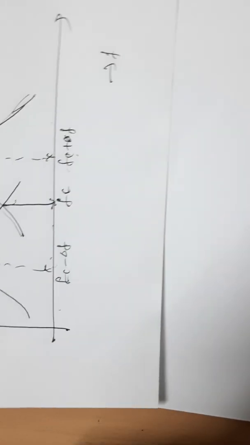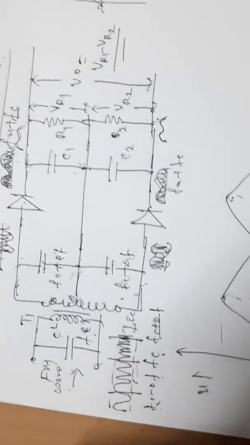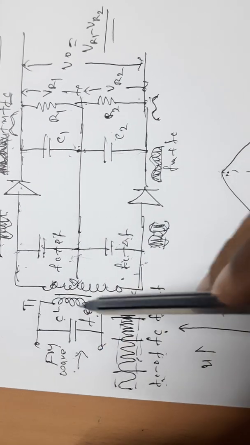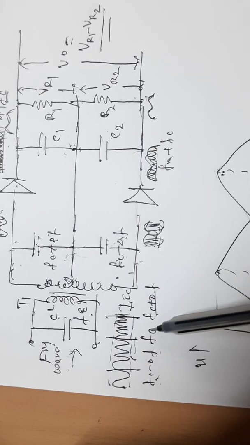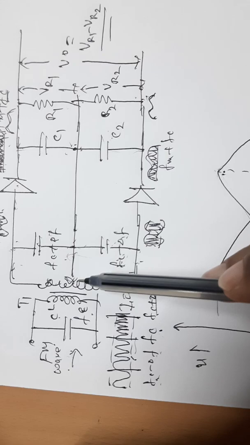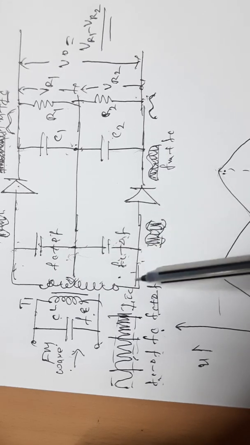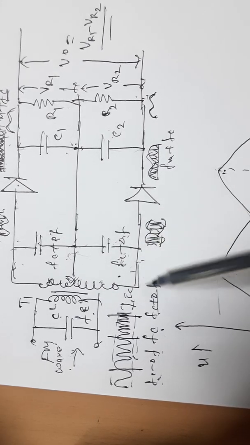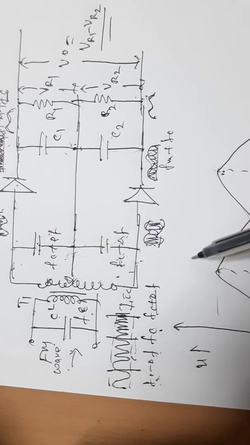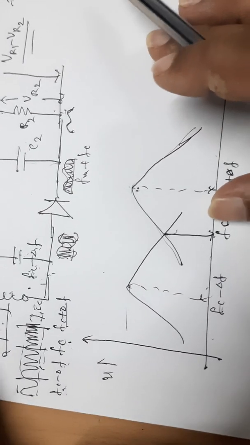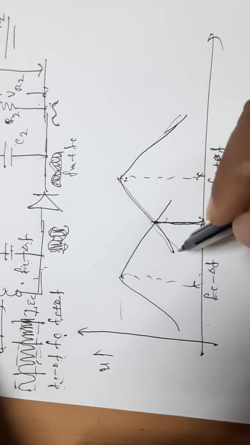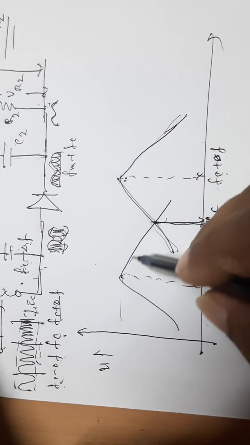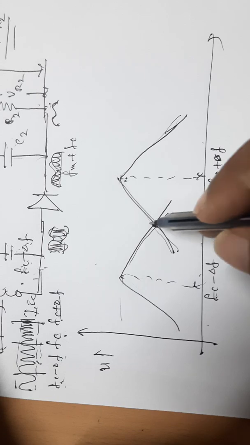Suppose the input frequency is Fc. If the input frequency of this FM wave is Fc, note that the upper circuit is tuned to Fc plus delta F and the lower to Fc minus delta F. Mark the voltage here: this is the voltage for the upper tank circuit at Fc, and this is the voltage for the lower tank.